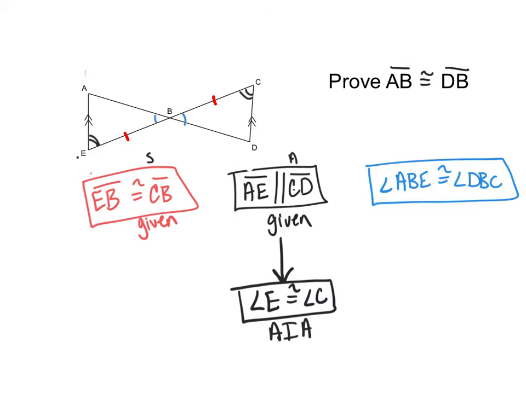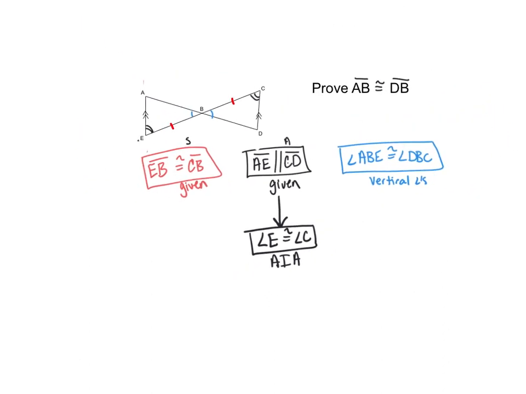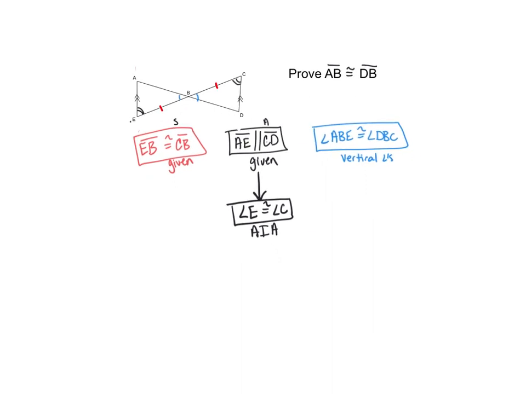So I list my angles. Angle ABE is congruent to angle DBC, and my reason is vertical angles. And then from there, that's enough information to tell me I have congruent triangles. So I'm going to go down here and label my triangle congruency statement.